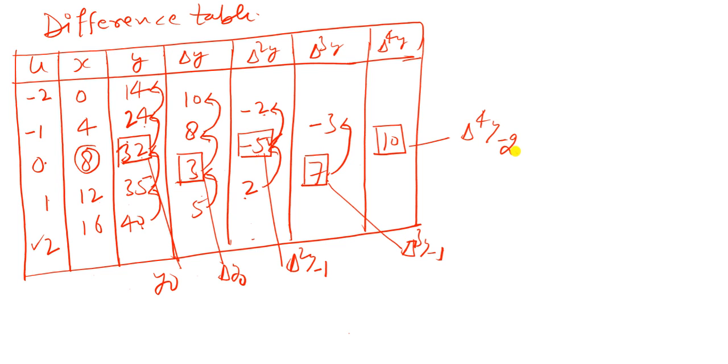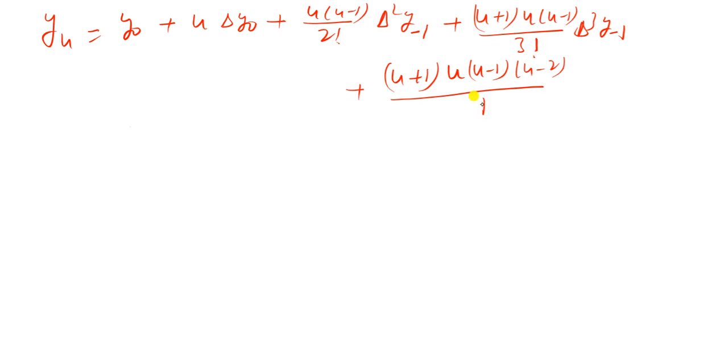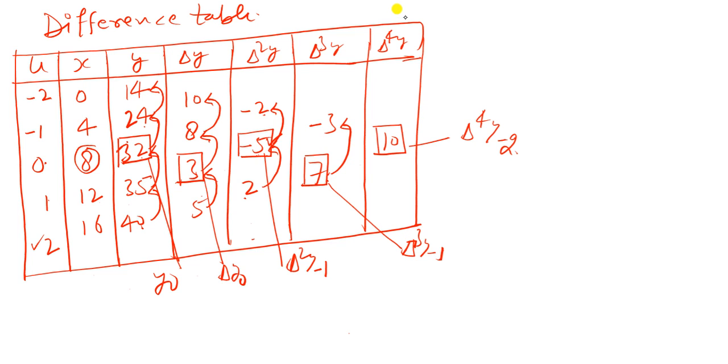So using the Gauss forward interpolation formula, the formula is y of u is equal to y0 plus u del y0 plus u into u minus 1 upon 2 factorial del 2 of y minus 1 plus u plus 1 into u into u minus 1 upon 3 factorial del cube of y minus 1 plus u plus 1 into u into u minus 1 into u minus 2 upon 4 factorial del 4 of y minus 2, because in the difference table the maximum fourth order forward difference is present.